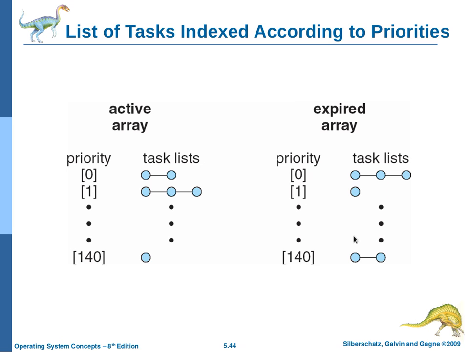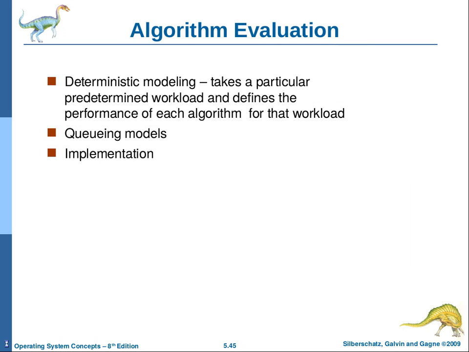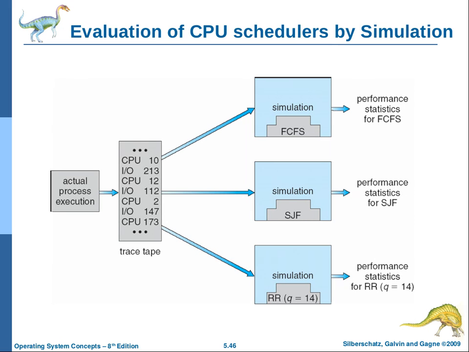And a new process, if I recall correctly, gets added to the expired array, so that next time it flips over, it can start executing. Right, you want your algorithm to be deterministic. We're talking about queuing and your implementation.